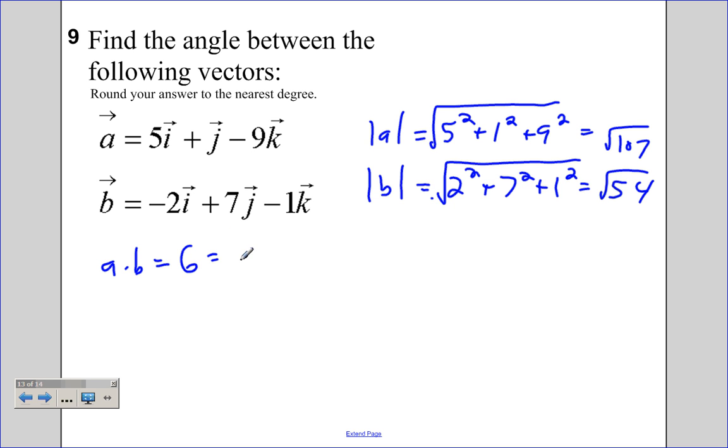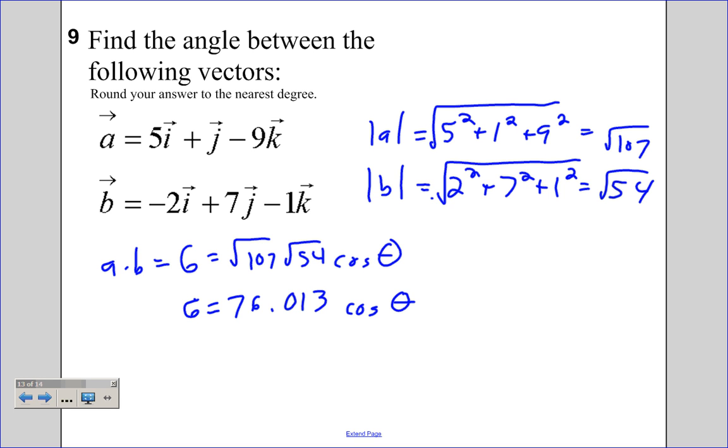Because 6 is equal to root 107 times root 54 times the cosine of our angle in between, and the square root of 107 times the square root of 54 is 76. So 6 equals 76.013 times the cosine of theta. 6 divided by that answer is 0.0789.